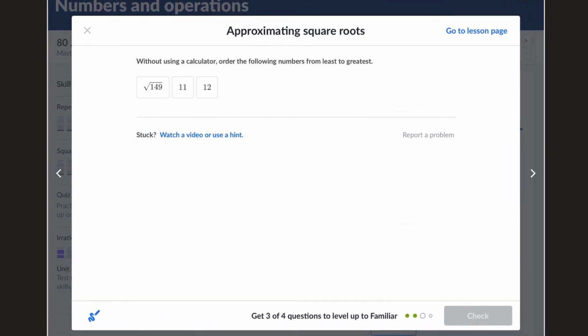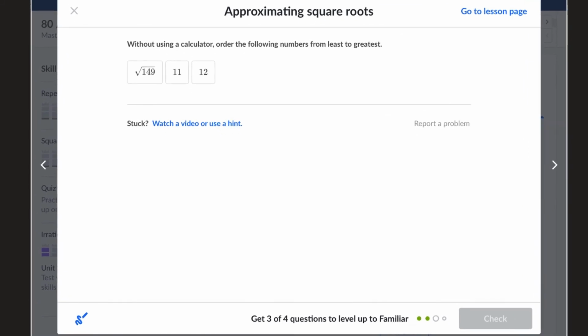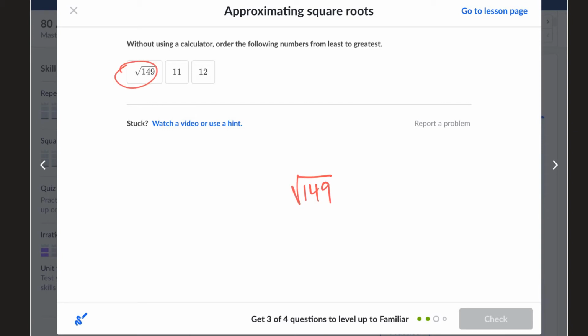I'll make this a little bit bigger. And we have, without using a calculator, order the following numbers from least to greatest. We need to figure out what the square root of 149 is. We need to approximate that. If I have the square root of 149, I need to think about the perfect square that's just underneath that. I think 12 times 12 is 144.